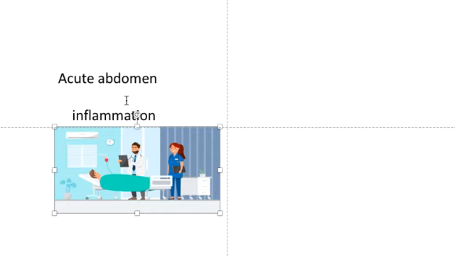But sometimes you have inflammatory problems involving the entire abdomen, which we call generalized peritonitis, like a perforated peptic ulcer or perforated appendix. For that matter, a perforation of any hollow viscus, or a ruptured diverticular abscess.